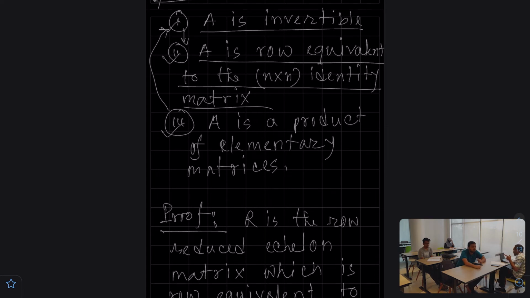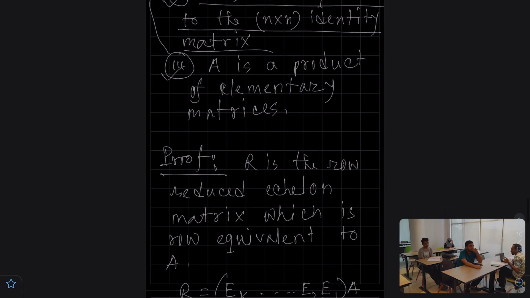So if I start with A as an invertible matrix, then this is row equivalent to the identity matrix. Okay. And also we show that A is a product of the elementary matrices. Why?